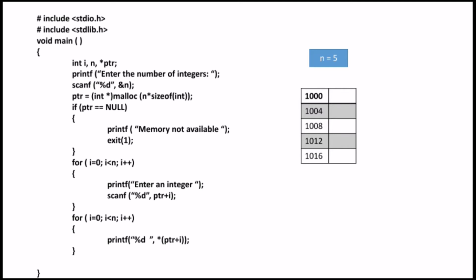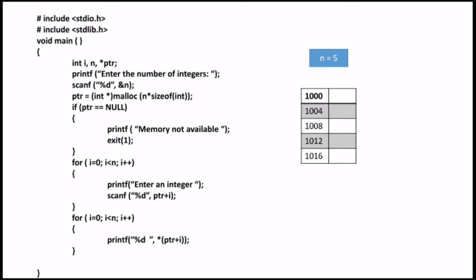So 1004, on that address the next value will be inserted. This is how that particular variable or slot works. ptr plus i means what? The value required by integer. So 4 bytes are required, that means 1000 plus 4, that is 1004, and on that address the next value will be saved.